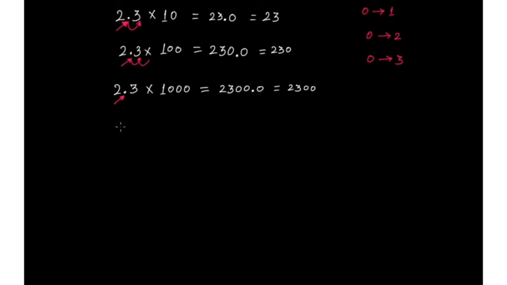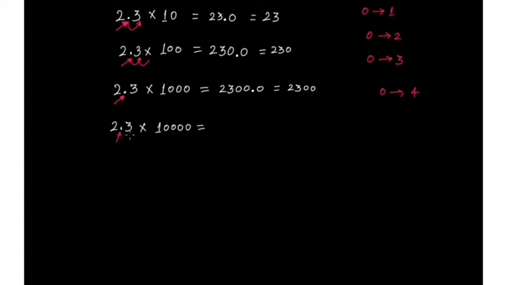If you have 2.3 times 10,000, the decimal point is here. You have 10,000. You have 4 zeros. It means that your decimal point has to move 4 times towards the right.